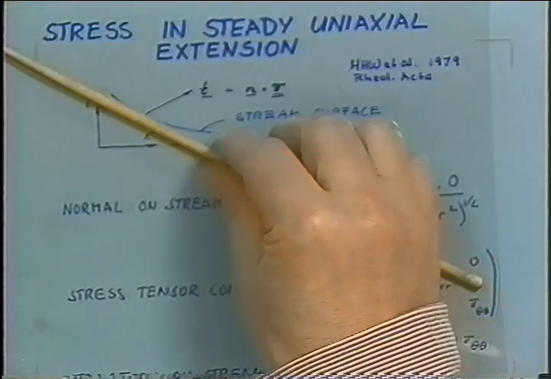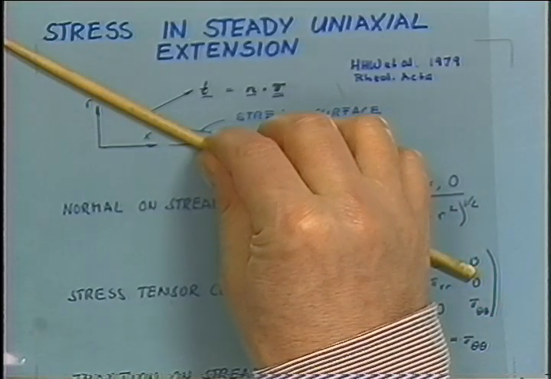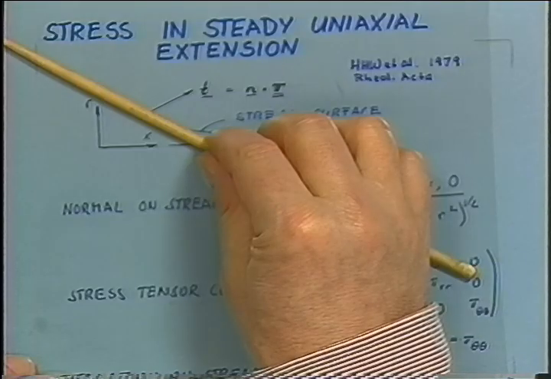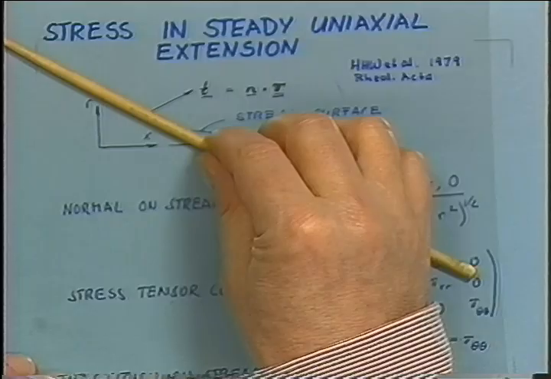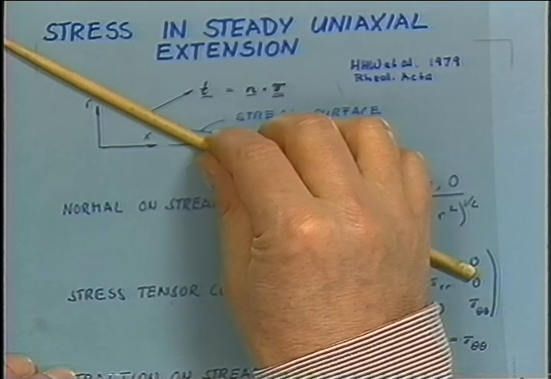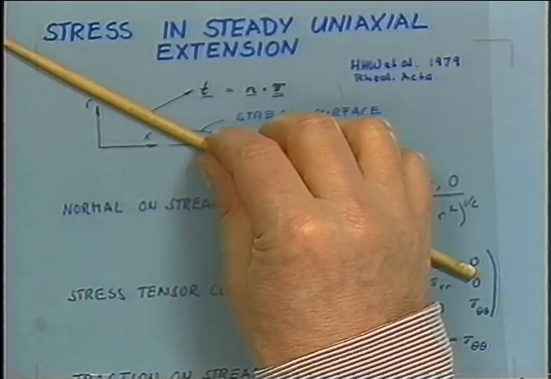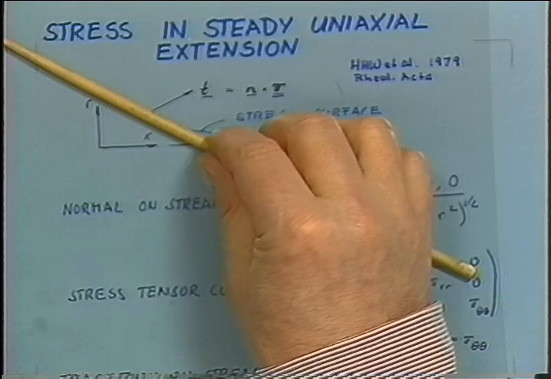Whenever you have a surface which is not a principal surface, you have a traction vector which has a shear component and a normal component. So in the extensional flow, we really should have a surface which is not lubricated, but a surface which is driving the flow. There should be some pushing in flow direction to generate the desired stress.